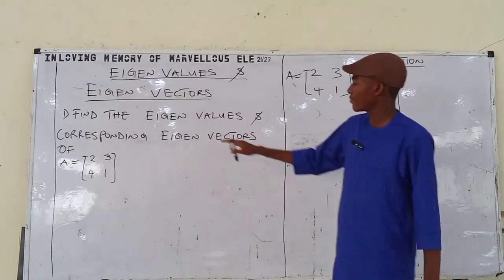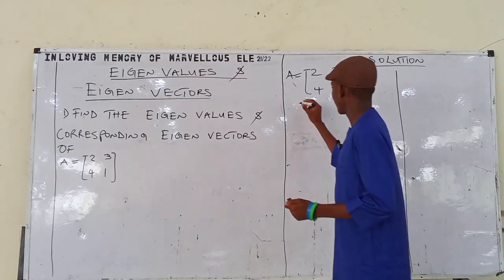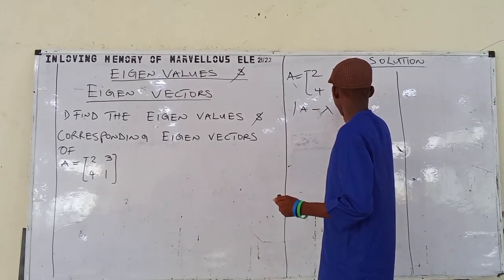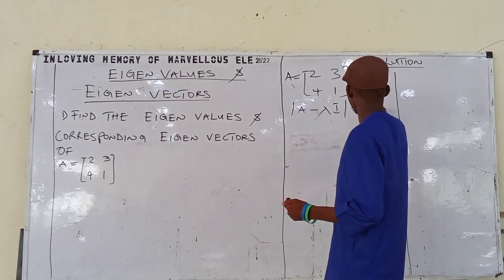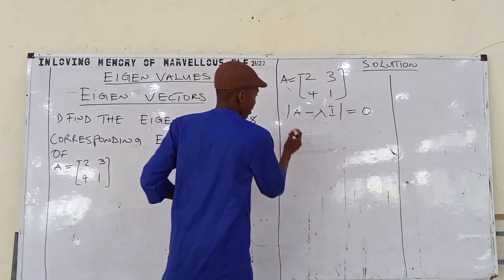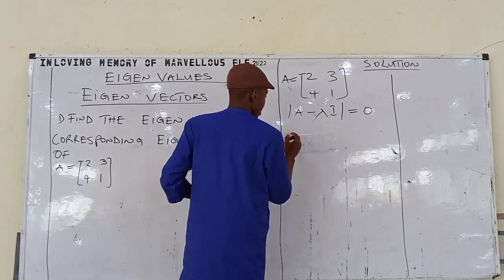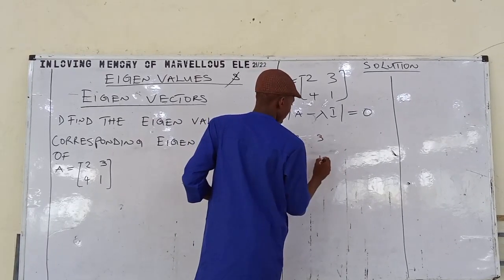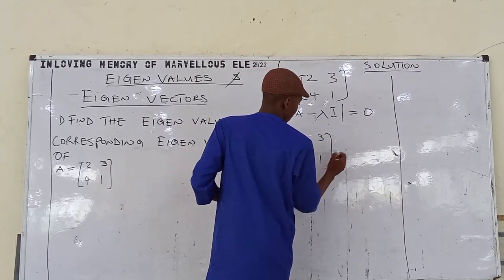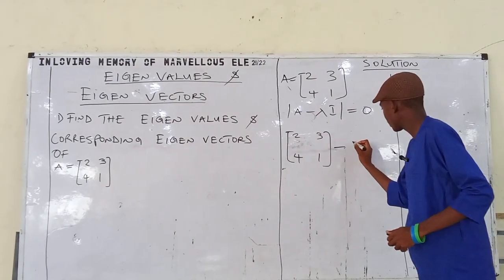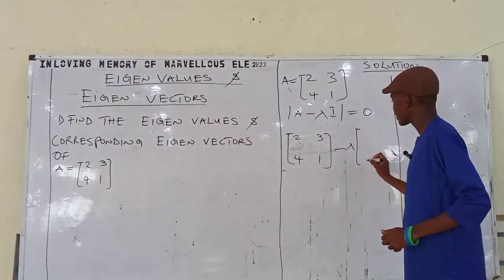And to find your eigenvalue first, what are we going to use? Determinant of A minus lambda I equals 0, right? So now let's go together. Determinant of our A is what? 2, 3, 4, 1 minus lambda, what we're looking for, our eigenvalue, times what? The identity matrix.